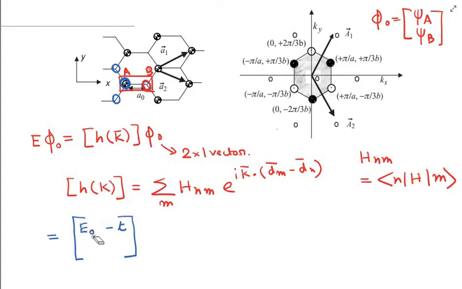I will not go into detail why this term is exactly 0, but right now just know that graphene is a semi metal and does not have a band gap, and this condition comes from the fact that graphene has inversion and time reversal symmetry. We will not go into the detail of these symmetries, but it is required that these diagonal terms in graphene are 0. Now this atom A is also coupled with this unit cell over here.